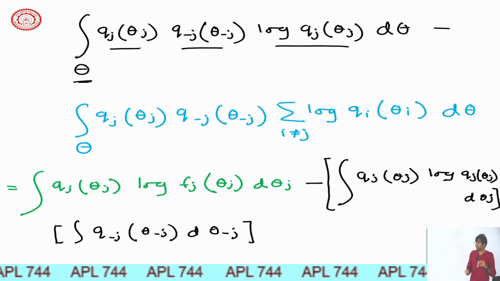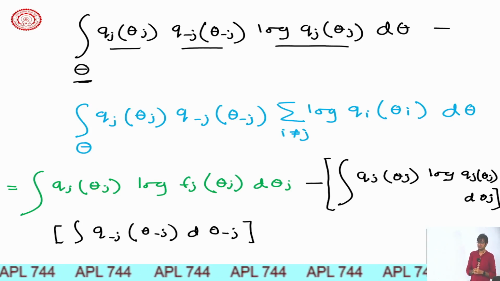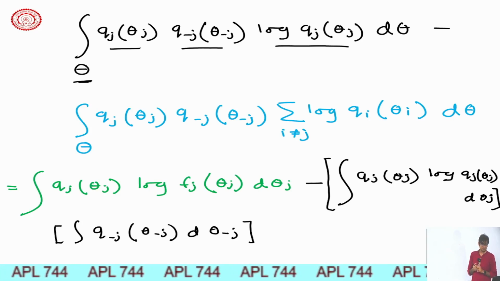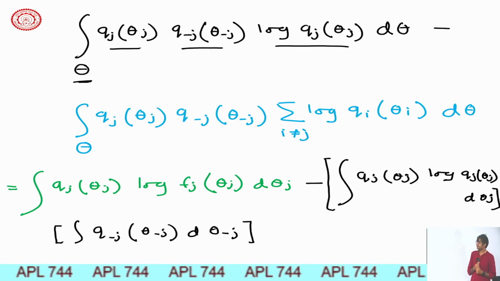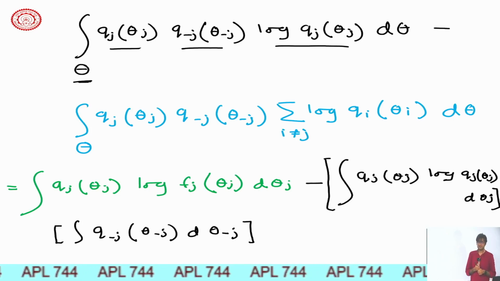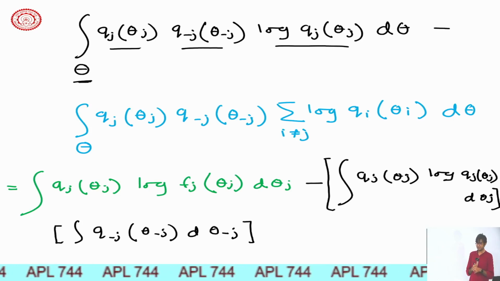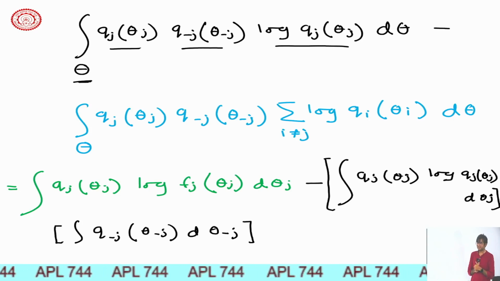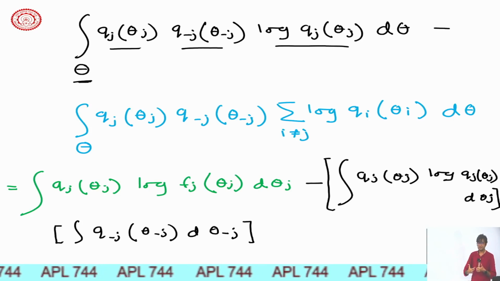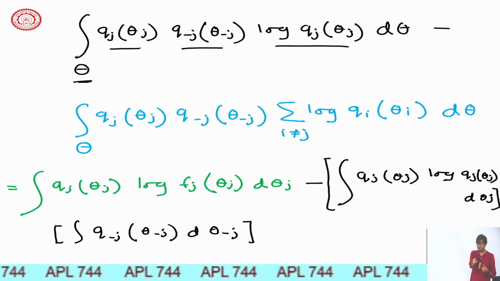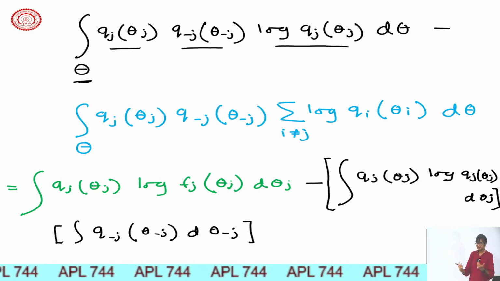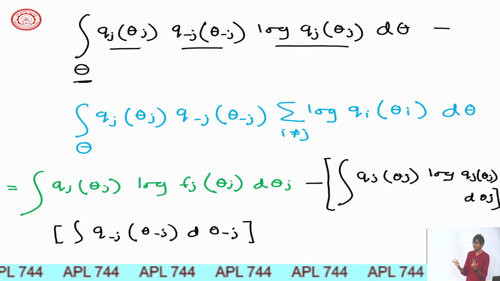Tell me what is the second bracket equal to? What is q of minus j? 1, that is correct, because q of minus j theta minus j is basically the joint distribution of all the variables except the jth variable. That is a valid PDF. So you will integrate it out, you will get 1.